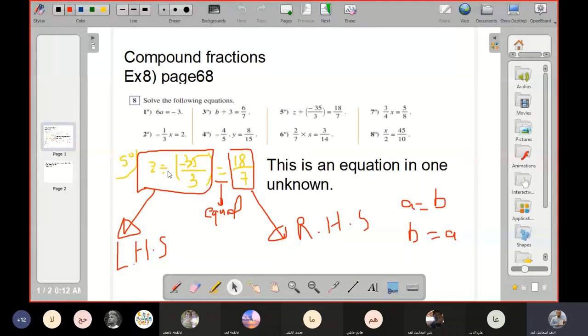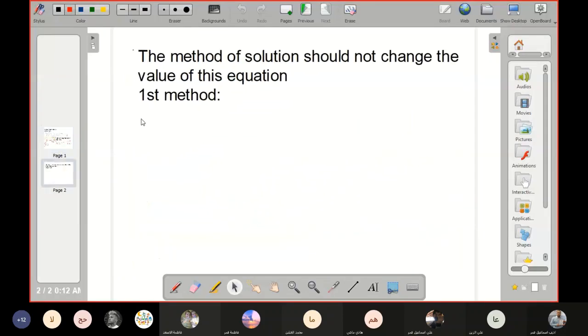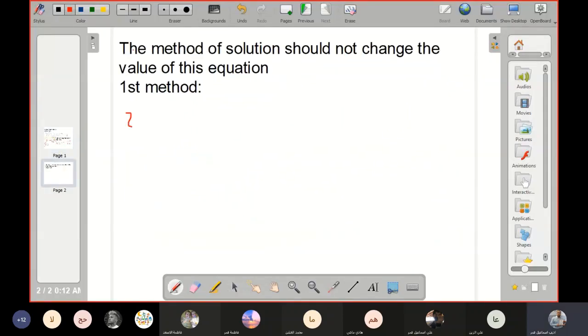So then we have z equal, the z stays in the left-hand side, z equal the right-hand side, which was 18 over 7.